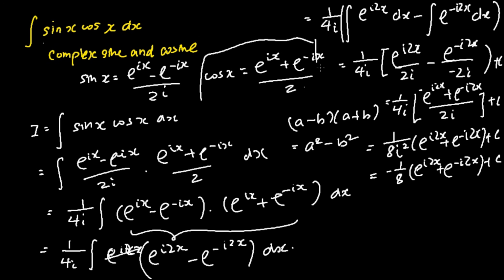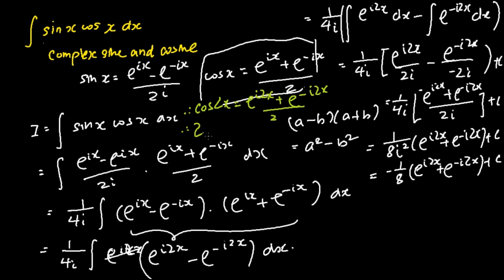Note that from here, cosine x equals e to the power of ix plus e to the power of negative ix over 2. Therefore, my cosine 2x is basically just e to the power of i2x plus e to the power of negative i2x over 2.